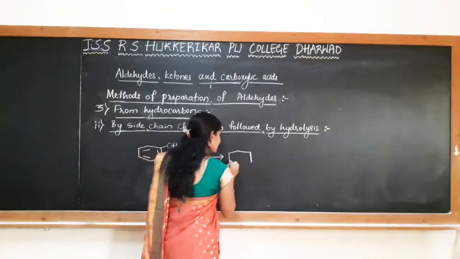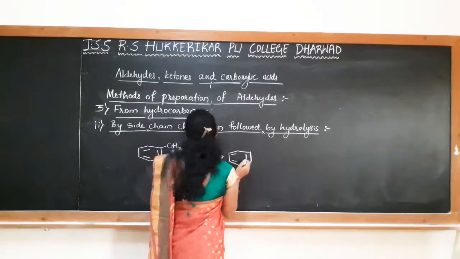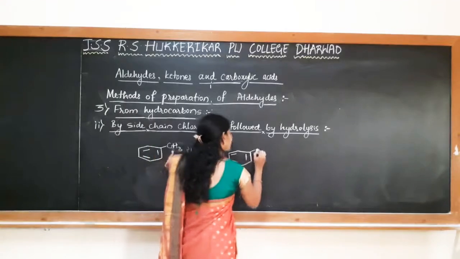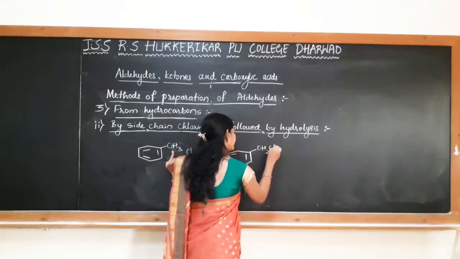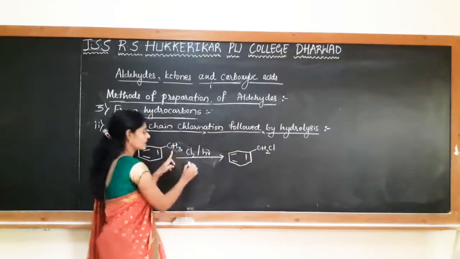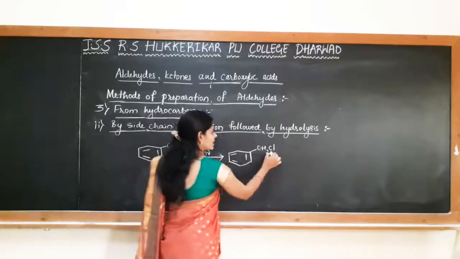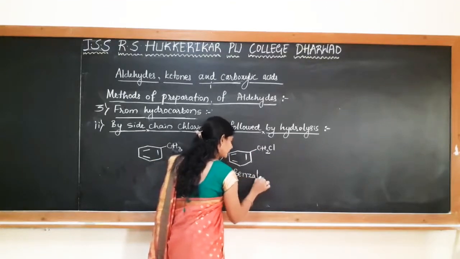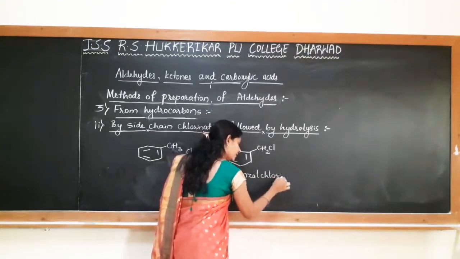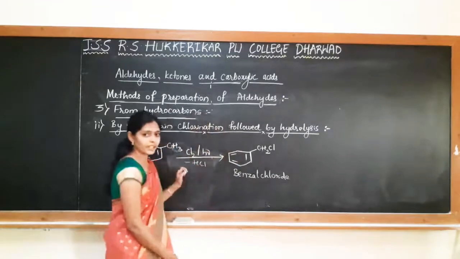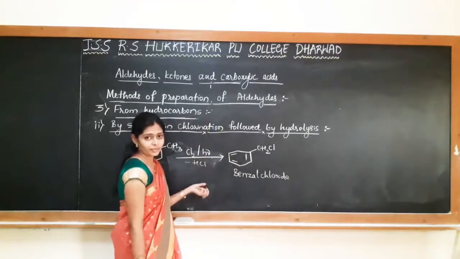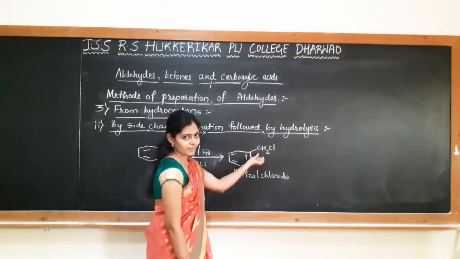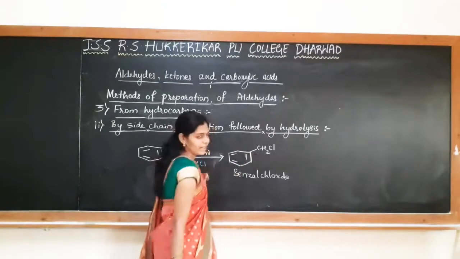See, when I treat toluene with chlorine in presence of sunlight, what do we get as a product? One Cl combines with hydrogen and goes out as HCl, and I get here CH2Cl. This is called benzyl chloride. You have done the free radical mechanism of chlorination of methane, right? Last year you studied. Same type of reaction takes place, free radical mechanism, to form benzyl chloride.